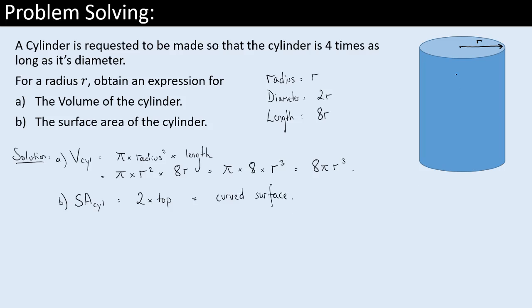Now, if you imagine taking a piece of paper that's been rolled up to create a cylinder, and you unroll it, you're going to have a rectangle. Where this bit, if you imagine your piece of paper that you've rolled up, that is going to be your length.